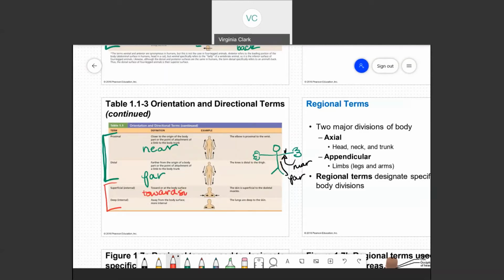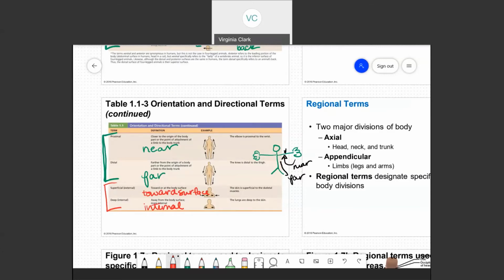So your skin is superficial. Deep is going to be things that are more internal. Your bones are deep, whereas your skin is superficial. So we're doing a 3D direction inside the body.